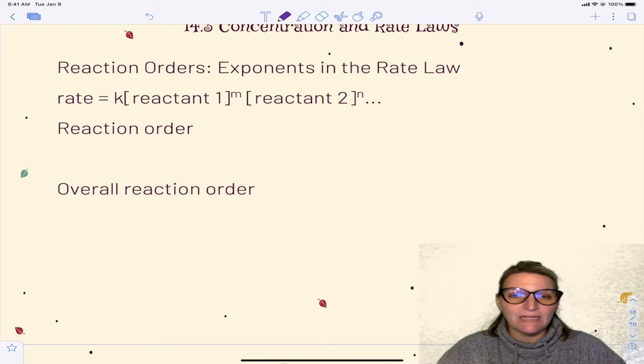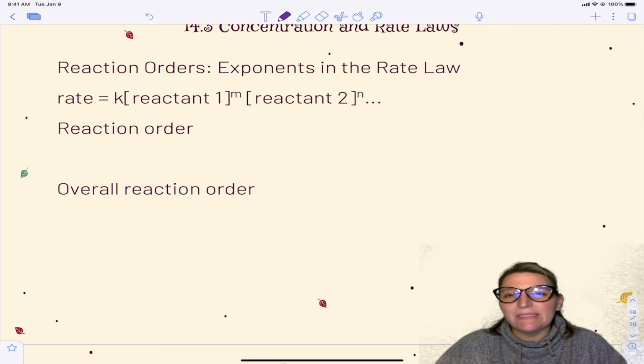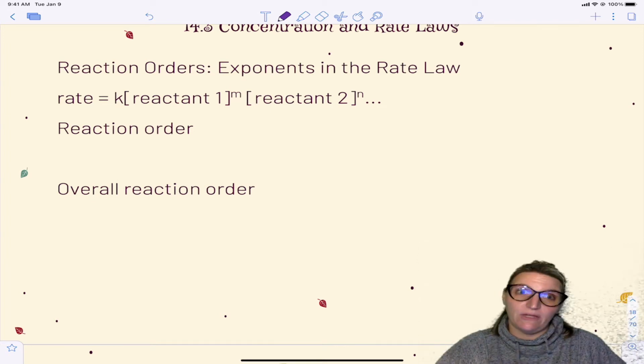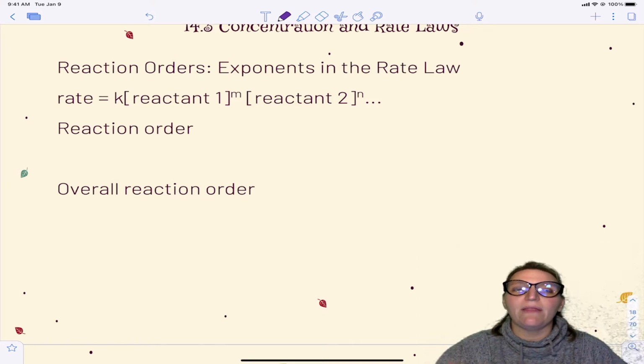So just some vocabulary to get down. When we say the reaction order, what is that word referring to? It's referring to the exponents. For instance, if I say the reaction order with respect to NO2 is 1, that means the exponent on NO2 is 1.